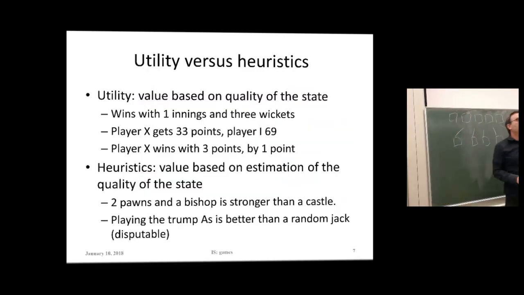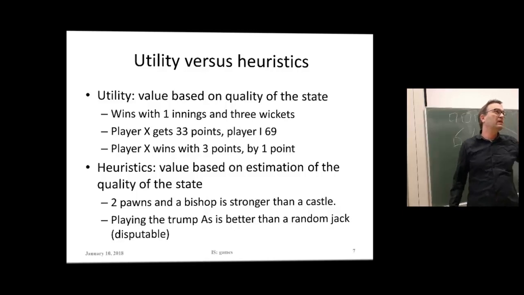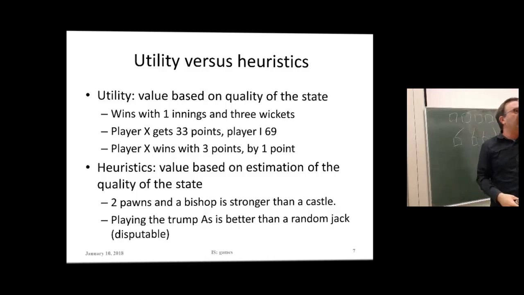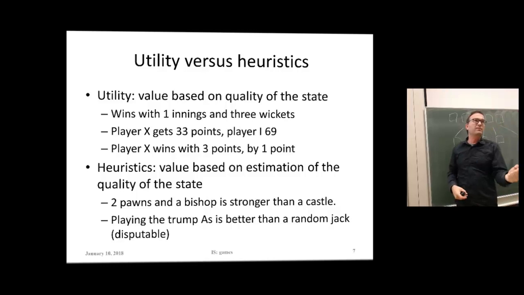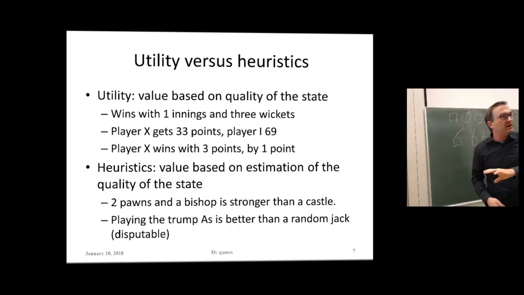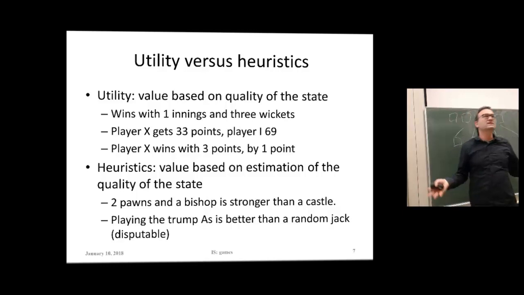And we had two different ways of calculating the values for the function. The one was based on: yes, I can run the whole process, I can reach the end of the game. I can say, okay, I win or I lose, or I win by so many points. And then I can simply apply the full min-max to the end.